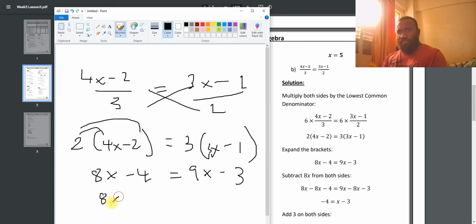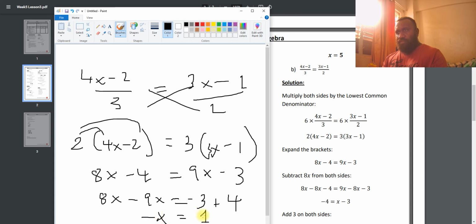So we have 8x minus 9x equals negative 3, and negative 4 this side becomes a positive 4. 8x minus 9x is negative x, equals negative 3 plus 4, which is a positive 1.